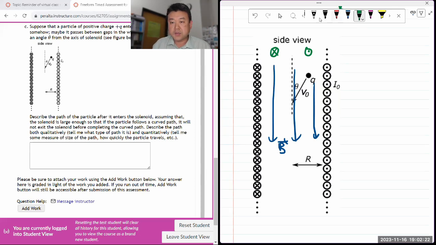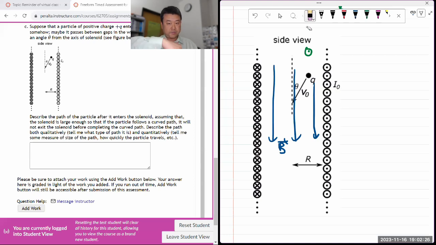So the choice that holds is just the one that's going out of the screen. As the particle is coming in right now here, it's experiencing force that's pushing it out this way. So it'll start to bend outward this way.